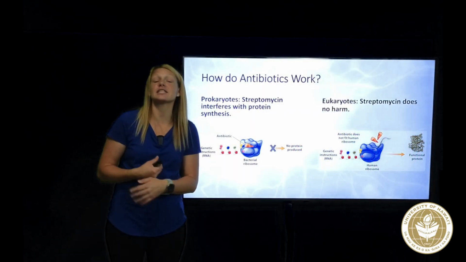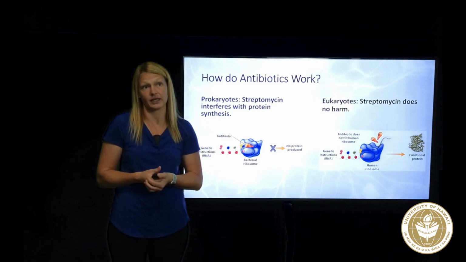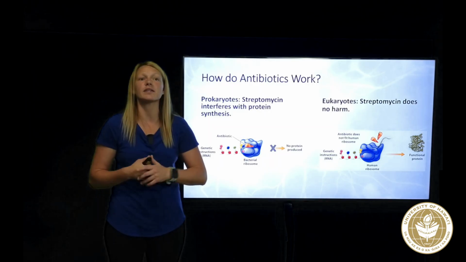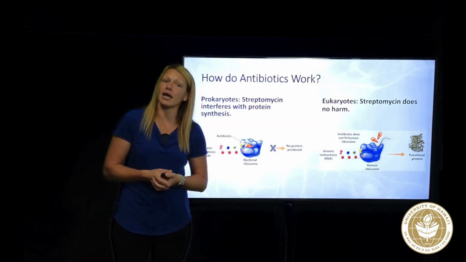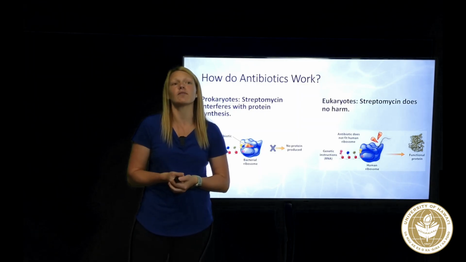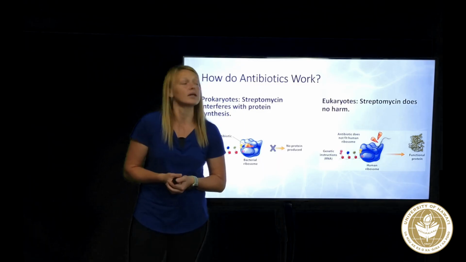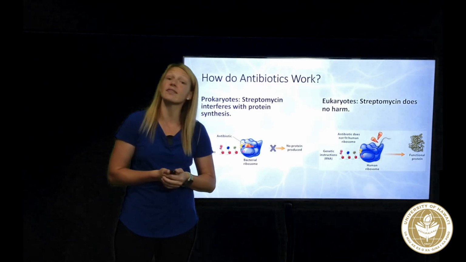We knew that additional methods of killing bacteria were needed. So we came up with some other types of antibiotics that were able to kill gram-negative bacteria. One example of those is streptomycin. Streptomycin interferes with the protein synthesis process.